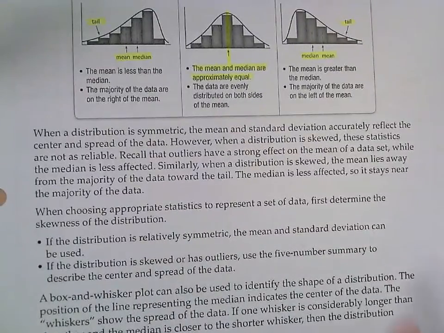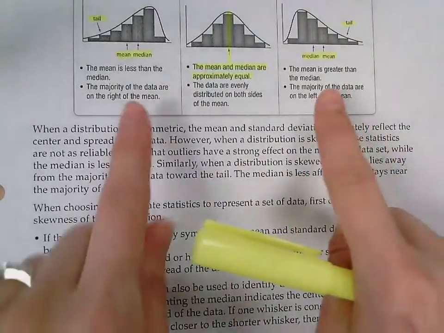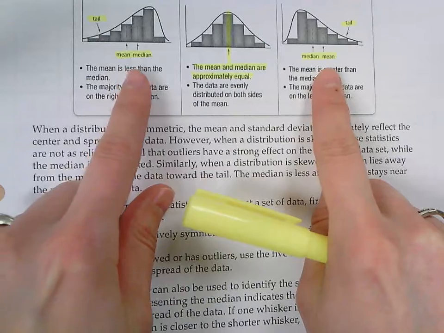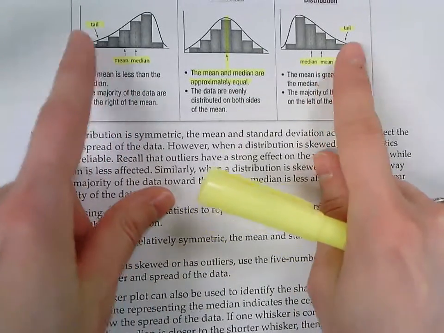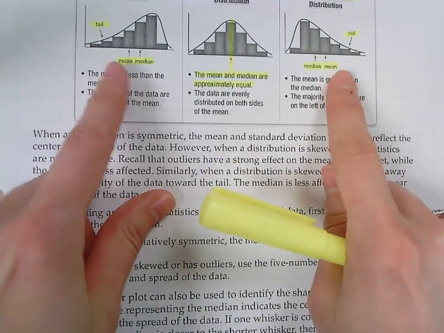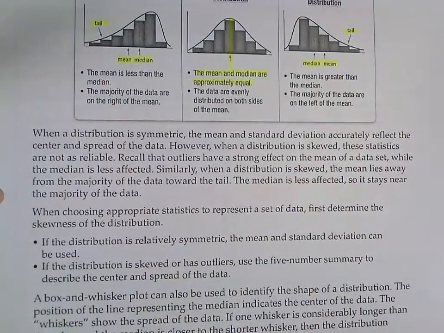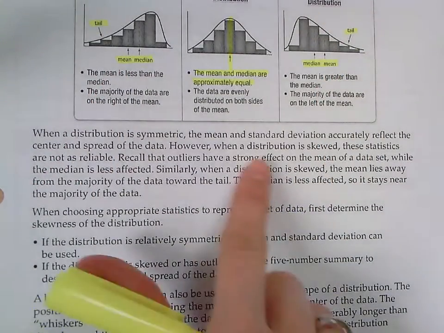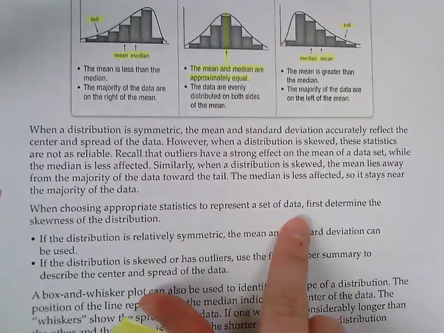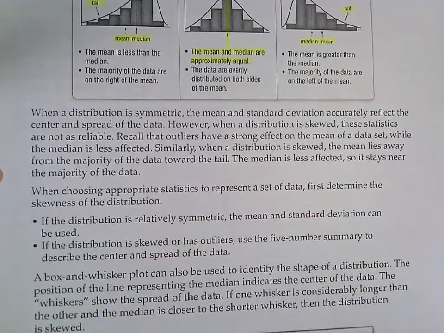If your distribution is skewed, your mean is affected by that tail, meaning the mean is not the best measure of the center, the median is. I'm not going to read through this word for word, but the mean is affected by those outliers or by that tail. The median is less affected.